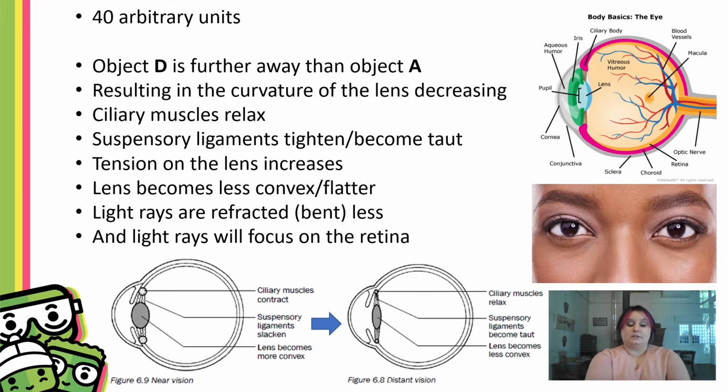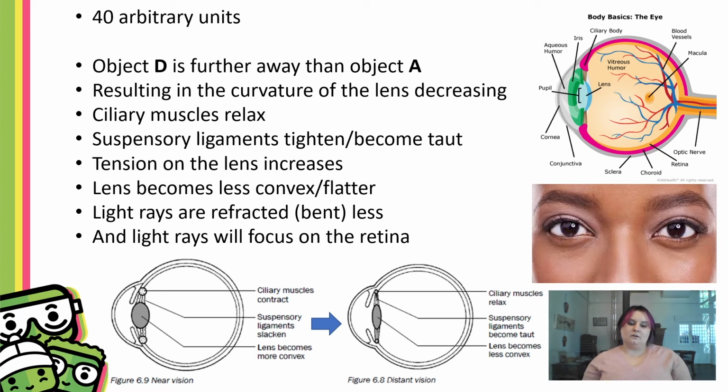So if we have a look at the diagrams at the bottom, that is showing how we move from near vision, closer than 6 meters, to the distance vision. And that is what our eyes are doing when we move from looking at object A, which would be the picture on the left-hand side, to object D, which is the picture on the right-hand side.